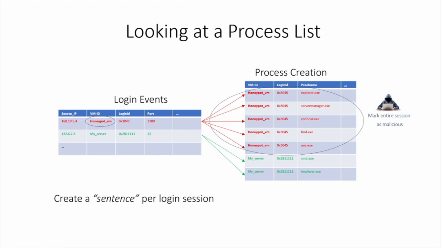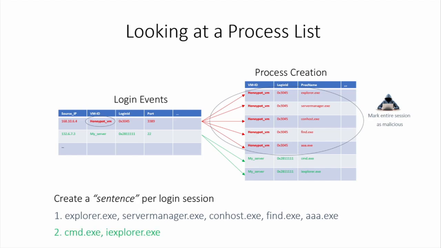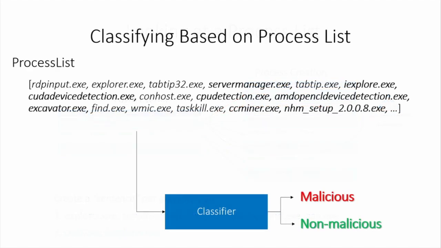Then we create a sentence for this login session, which is the series of process names. So then we have malicious sentences and benign ones. Then we want to build a classifier that, if we give it a new process list, will be able to tell if it's malicious or not.